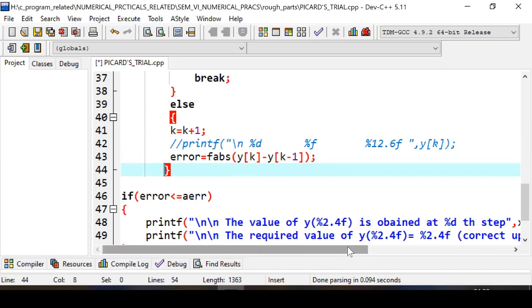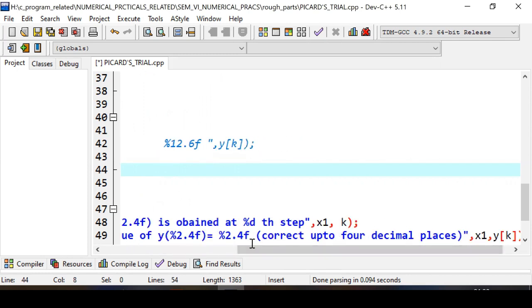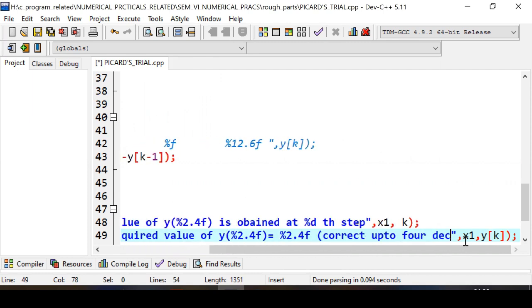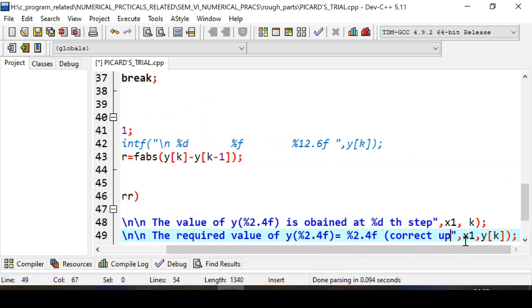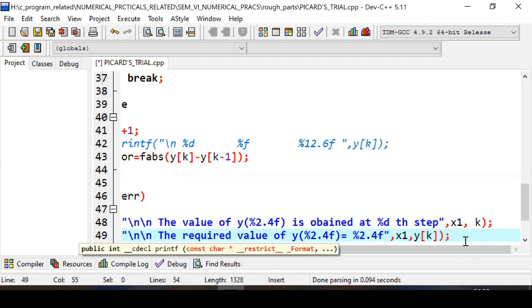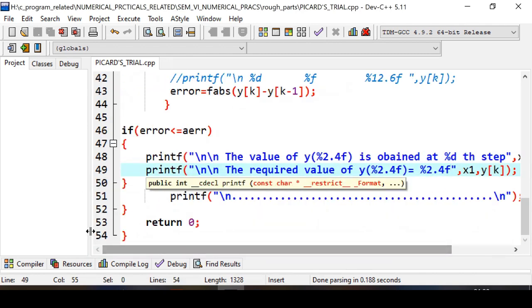The required value of y at the point x1 is printed here. I will better remove the 'correct up to 4 decimal places' text so that you do not get confused about what accuracy level is maintained. It will obviously be according to the question which is set. You have to put it once you do the program yourself. So this is printed here, and then it is ending with return 0.